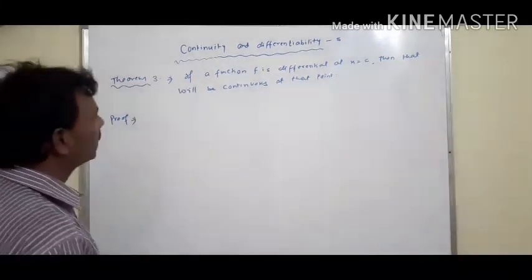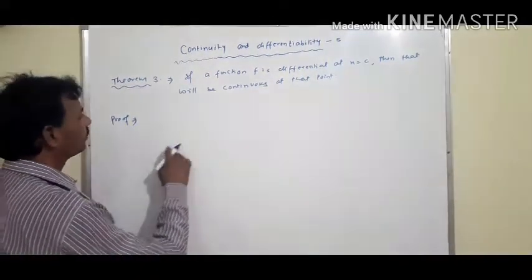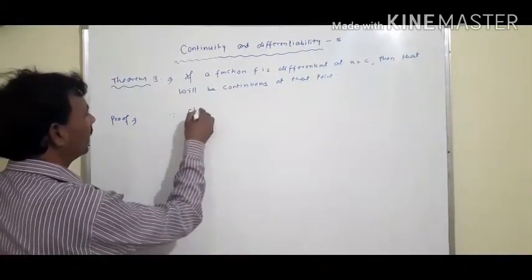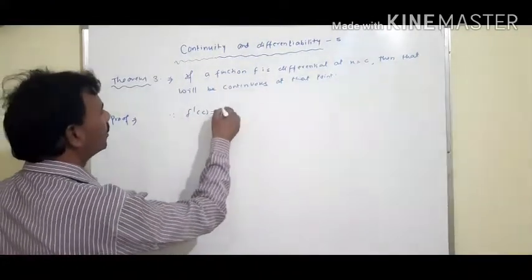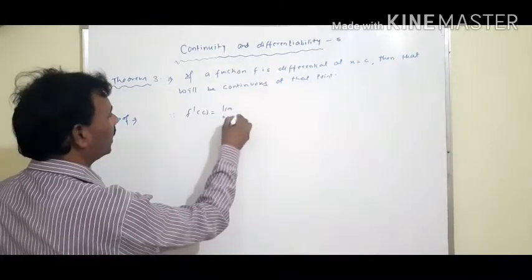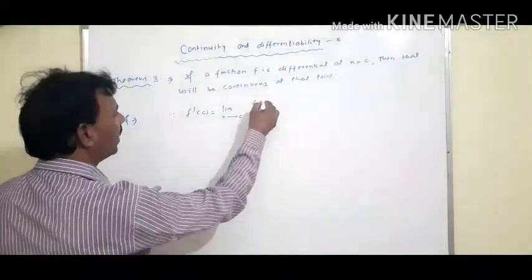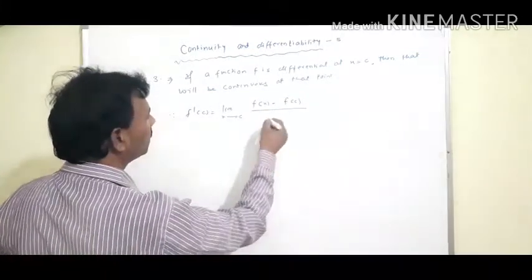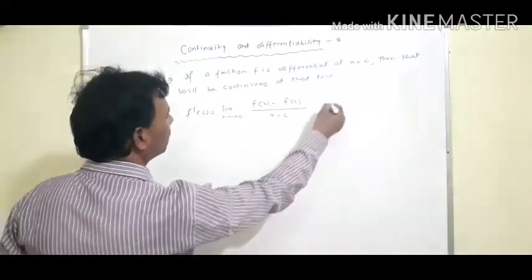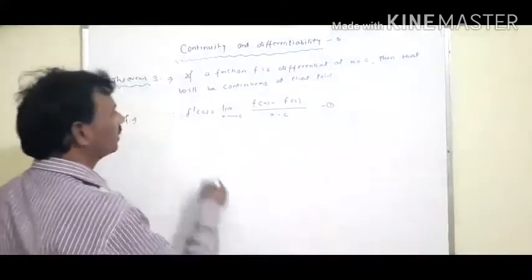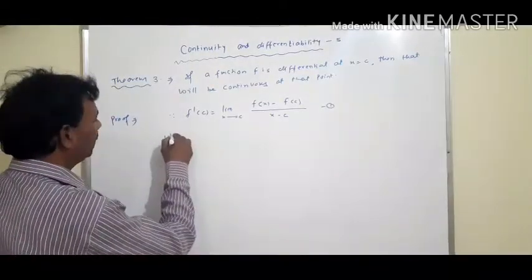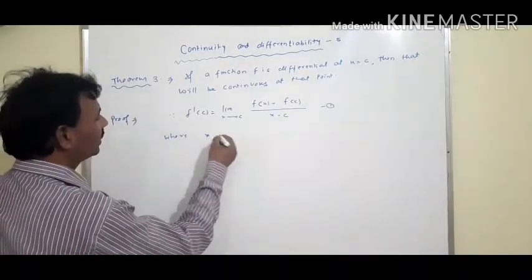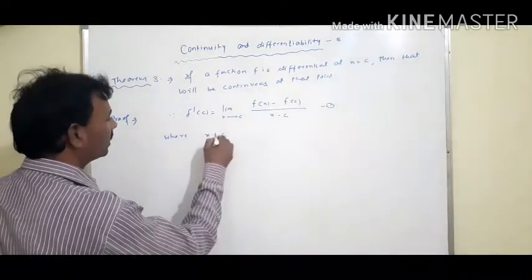Now, the proof of this concept. Since f dash of c equals limit x tends to c of f of x minus f of c upon x minus c, this is the given, where x is not equal to c.